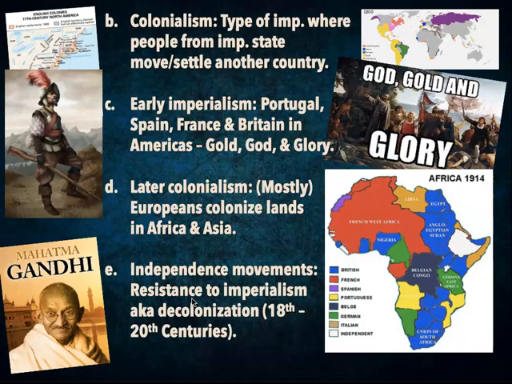Some of the countries like Germany end up losing colonies that they have in Africa after they lose World War One. They're stripped of their colonies, and those colonies go to the winners of World War One. But by the time you get to about the 1970s, most direct control of Africa by Europeans is gone.